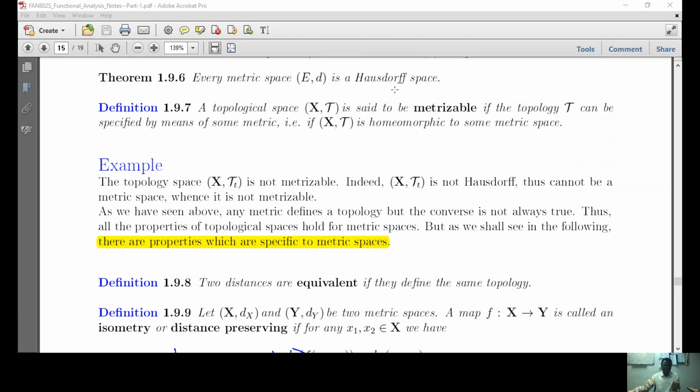But we know that every metric space is Hausdorff. If it's Hausdorff, by the homeomorphism, the structure of the metric space will be carried over into that particular topological space. So if I have a topological space that is not Hausdorff, consequently it cannot be metrizable. So that's a simple thing.